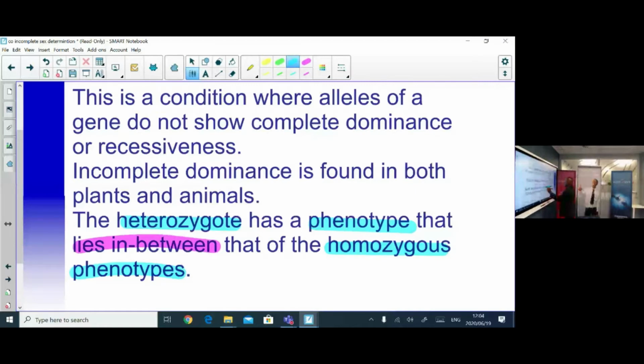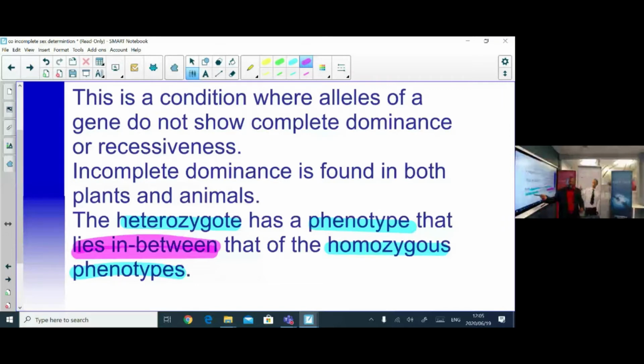If it's only the heterozygous that lies in between, that means another individual with only the dominant or only the recessive allele of the same gene shows the homozygous condition for that gene. All right, that's what we say.